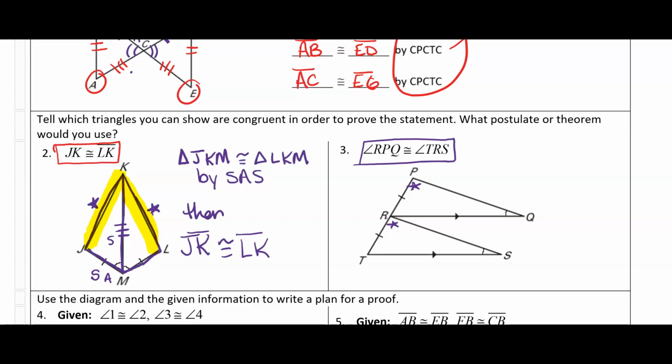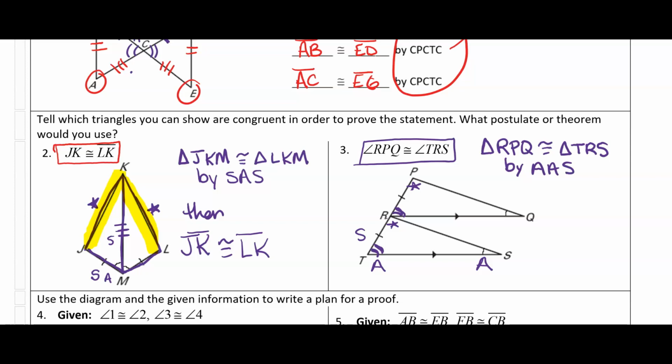So the first thing that I notice is that these here are corresponding. So I do know those are corresponding. So I have an angle and a side. So triangle RPQ, which is the top triangle, is congruent to triangle TRS by angle, side.